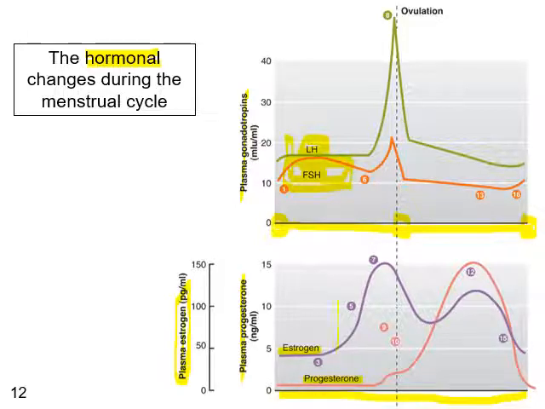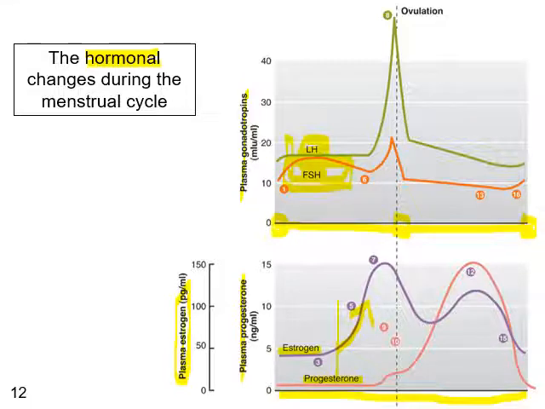Then about midway through the follicular phase, the levels of estrogen start to increase. Why is that? It's because the estrogen production is by the granulosa cells, and the granulosa cells have proliferated. So there's more of them. So more cells are producing more estrogen, and the levels of estrogen increase.